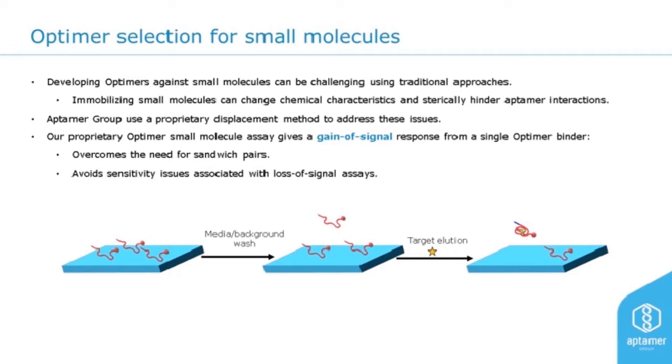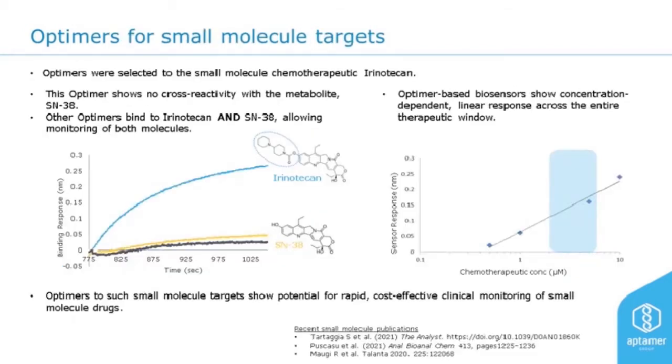This is a really great application of these aptamers because they give gain of signal responses from a single aptamer binder. So we don't need sandwich pairs for small molecule assays. And just to give you an example of some of the work that we've done, here we've got the example of an aptamer that we generated against irinotecan, a chemotherapeutic agent, and this aptamer does not recognize one of the metabolites, SN38.